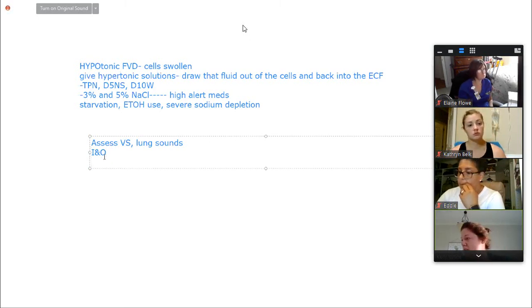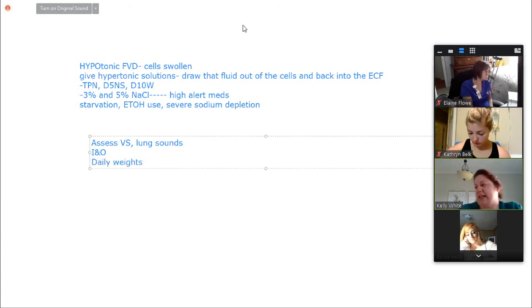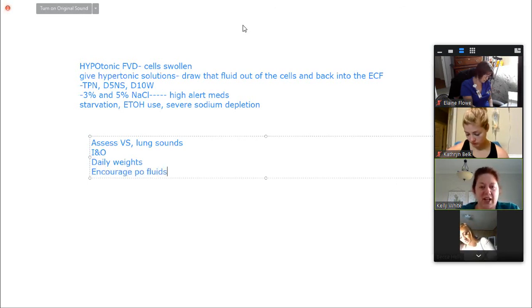What else? Daily weight. Yes, we're going to do daily weights to see if they've lost or gained anything. We're going to encourage PO fluids. If they're able to tolerate POs, I want to get them off of IVs as soon as I can and have them taking in PO fluids.